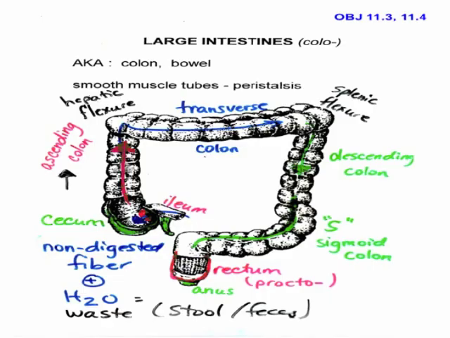The next part of the GI system is the large intestine. Our root word here is colo, aka the colon or bowel. Again, this is also composed of smooth muscle tissue, and therefore we will see peristalsis. There are different parts of the large intestine that we discussed in our previous diagram at the beginning of the lecture.